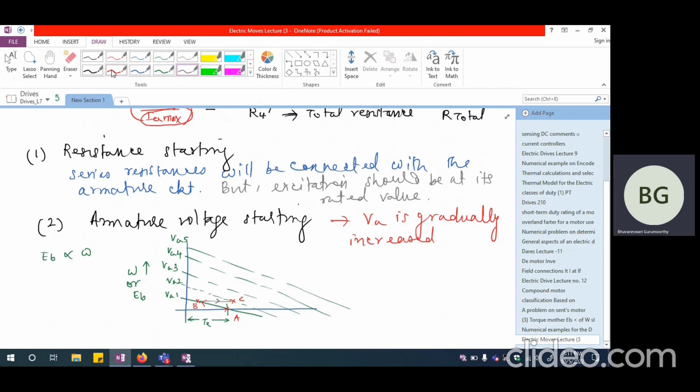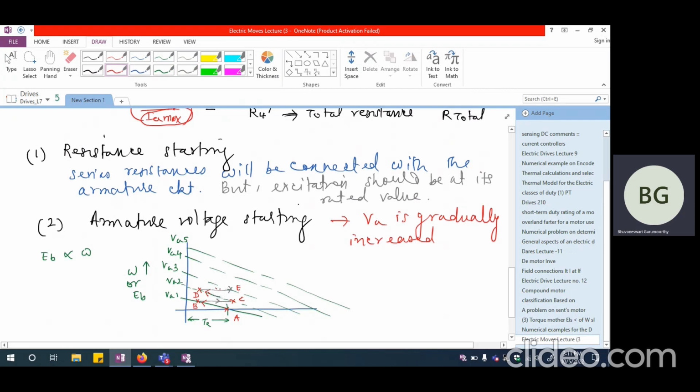Now again, this machine is going to accelerate along this direction. So maybe it will again reach point D. So now from point D, again, if I try to change the voltage to VA3, then it is going to reach a particular point which is corresponding to point E and so on. So this is going to repeat itself again and again.